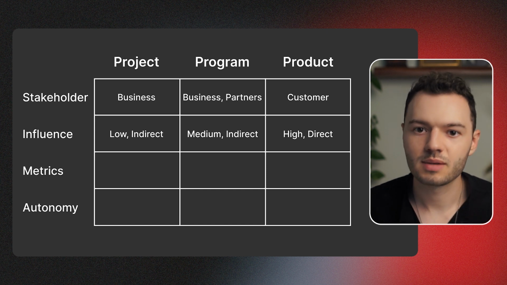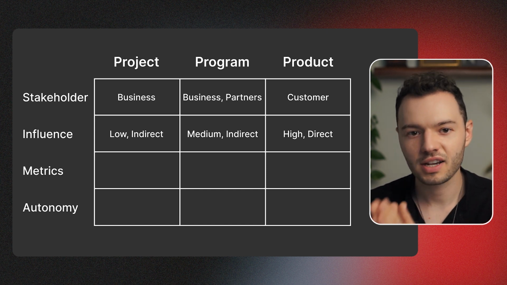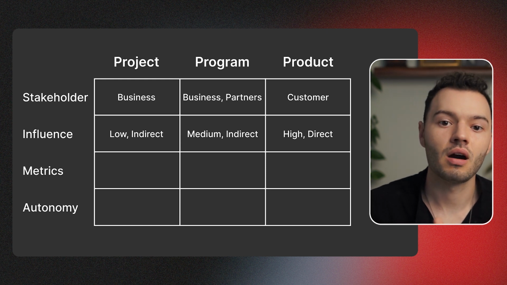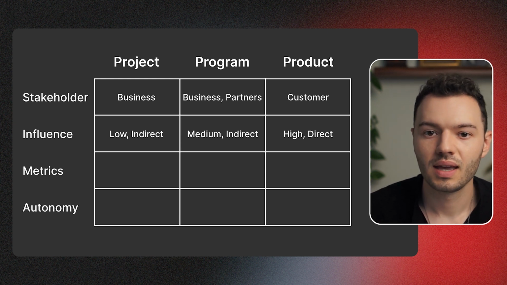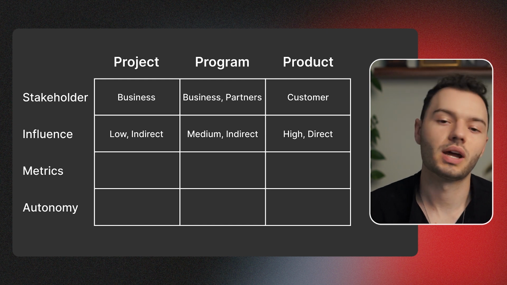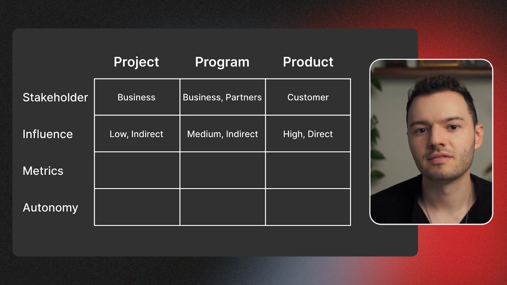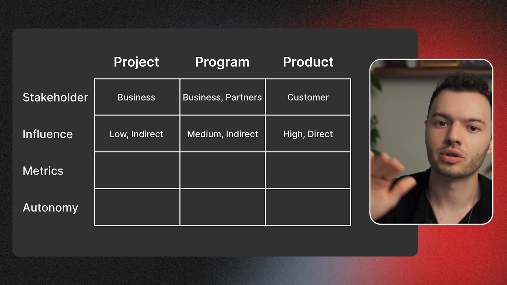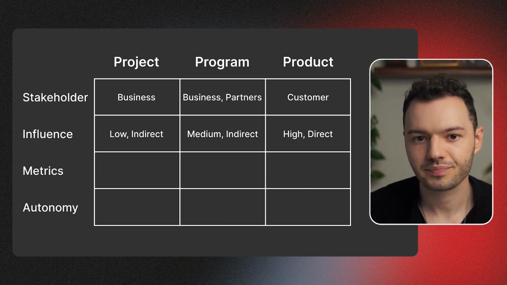But product managers directly set the direction of the product and thereby influence the strategy of the company. And as a note, as a junior product manager, you'll have less influence, but still be accountable to the strategy. And influence generally grows with seniority.